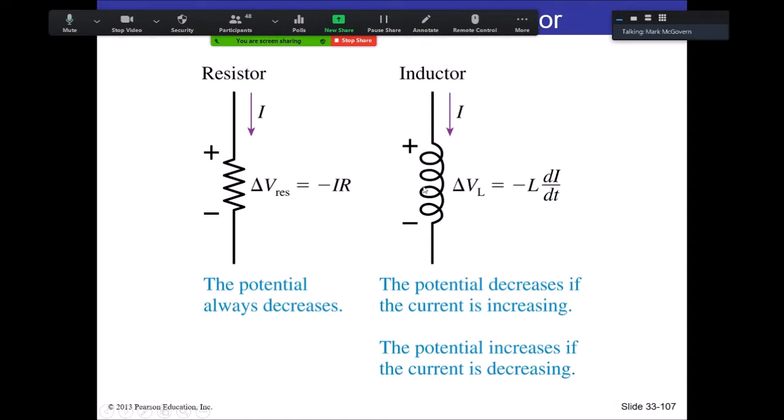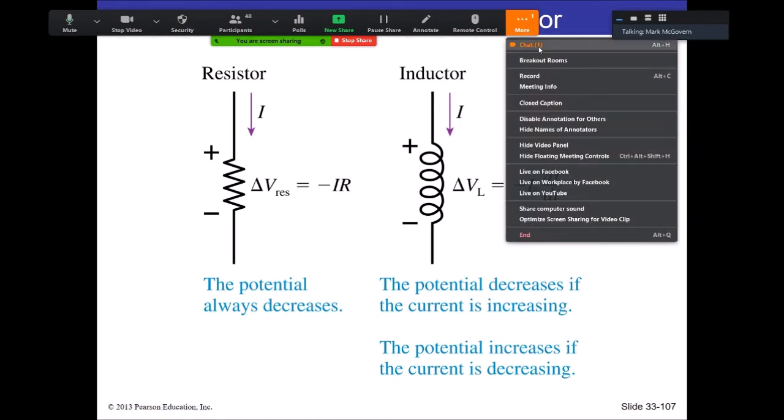If it's decreasing, well, what they're showing here is a potential drop. So if this is a potential drop, that means the current is increasing. If it's decreasing, you switch the polarity here. Again, you can see that from the math here, the di dt. If it's decreasing, you make it negative. If it's increasing, you make it positive.